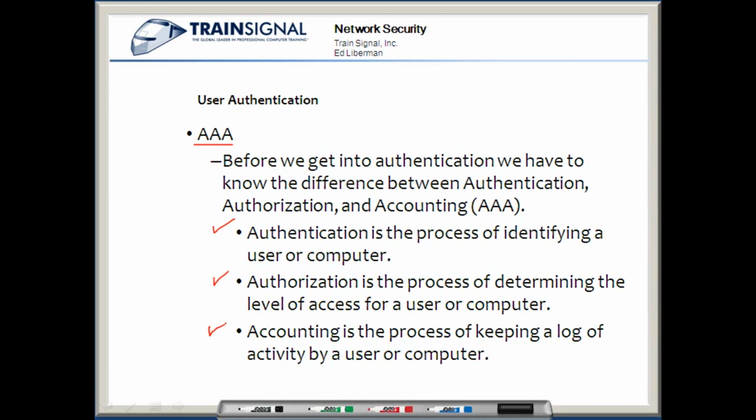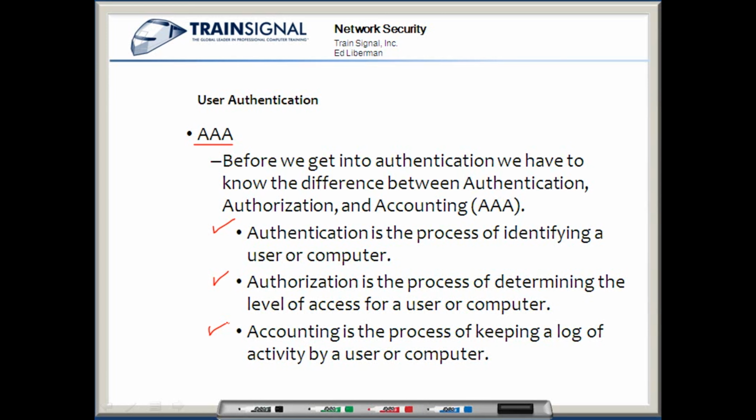Now, accounting is the process of keeping a log of activity by that user or computer. Sometimes accounting is referred to as auditing. Whatever you want to call it, it's a matter of keeping track of where they've been, what they've done, how long they were there, what they did when they were there, what they touched, etc. And it's not just a matter of watching users, but again, it could be watching systems as well.